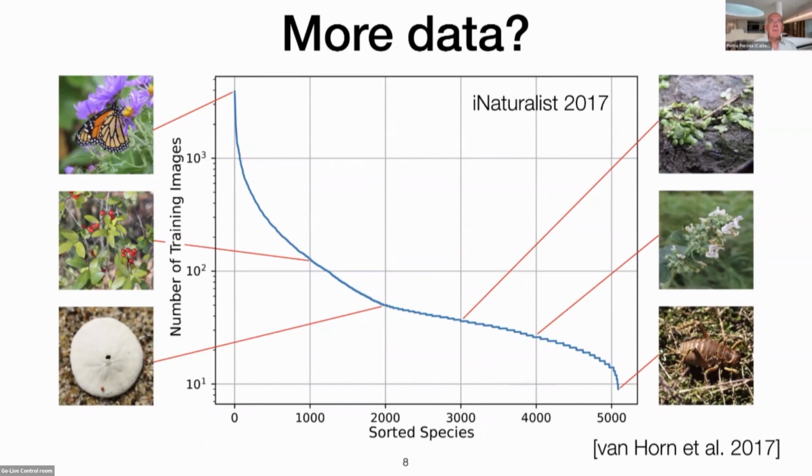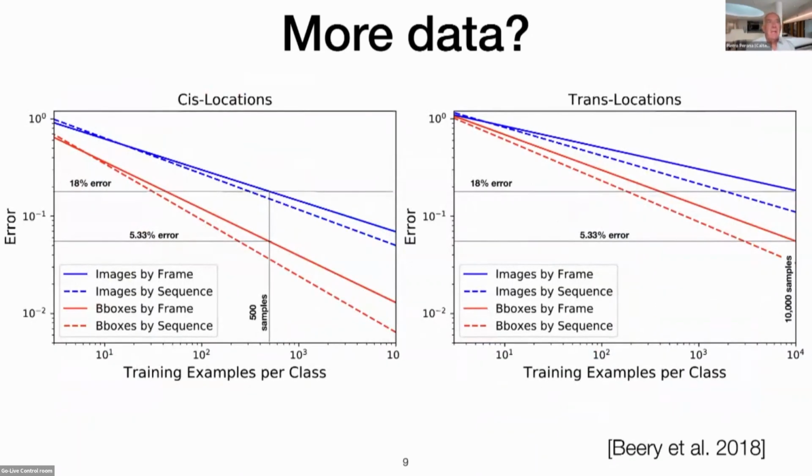And even if we did, we know that generalization is difficult. This is, again, the paper from Sara Beery, which uses camera trap data. Since the training examples are highly correlated because they come from a handful of camera traps, generalization to new camera trap locations, which have different statistics of images, is very hard. On the left are the performance curves, log error versus log number of training examples for locations where the training set was collected.